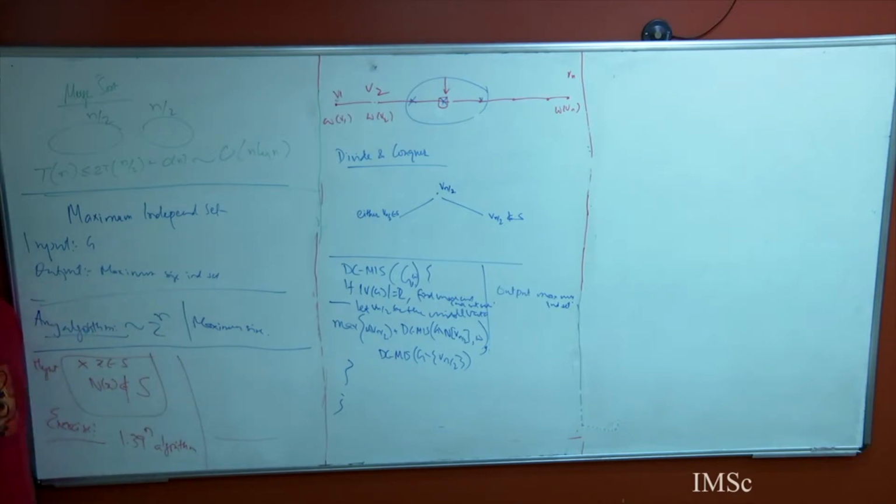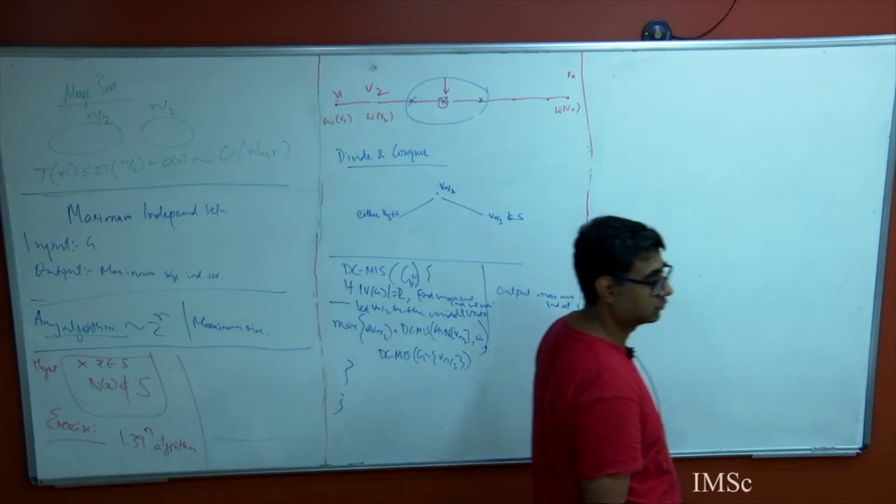I'm not asking anything else. I have written down an algorithm and I'm asking, can you write a recurrence for this? So what's the recurrence for this?